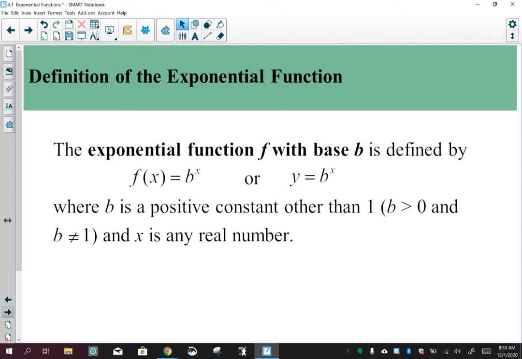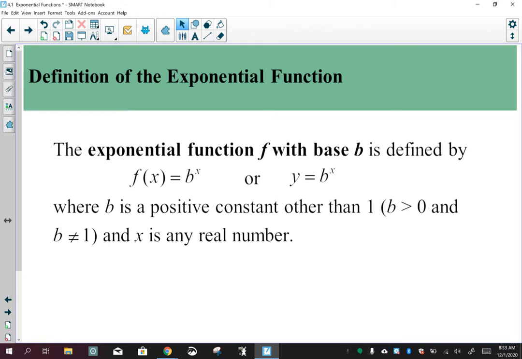So the definition of an exponential function is going to be in this format here, where you have f of x is equal to b to the x, or y is equal to b to the x, either or. Some key characteristics that you need to know and understand is that your b must be positive, which means it has to be greater than 0, but it cannot equal 1.